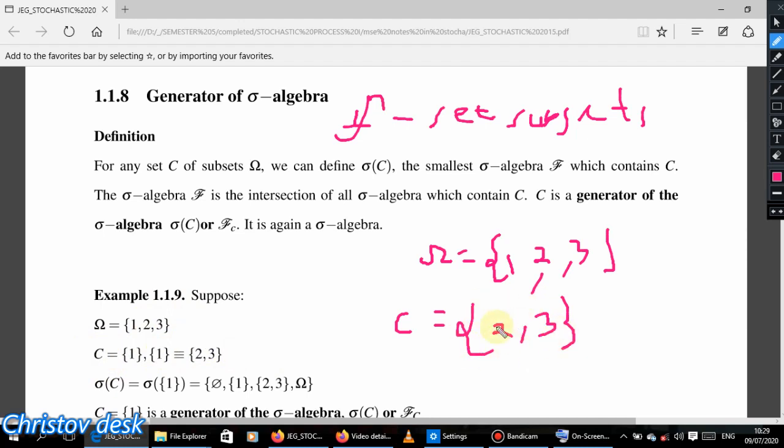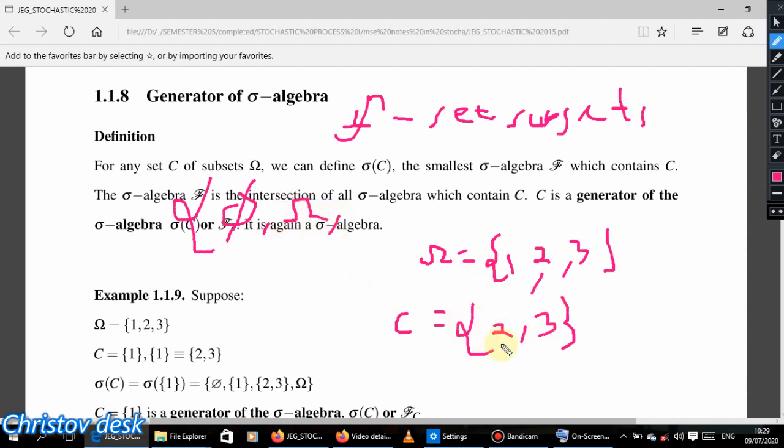To generate a sigma algebra, we have to remember the conditions. The first condition is that the empty set should be there. So the sigma algebra generated by this will have the empty set, and the main set, omega, will be there.